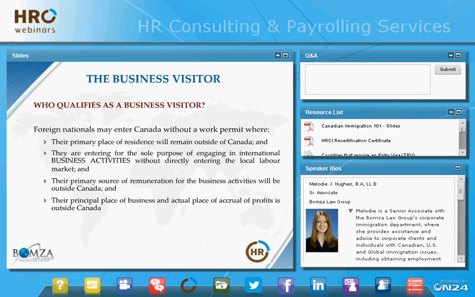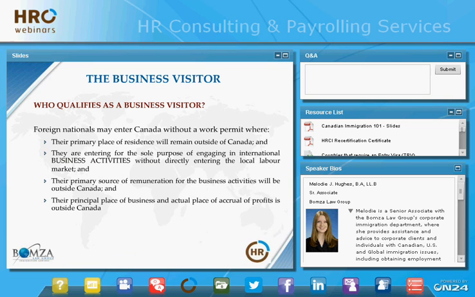3, the foreign national's primary source of remuneration will be outside of Canada. Even if someone is coming in for training or other business visitor activities, the moment they're placed on Canadian payroll, that's the moment that a work permit is triggered. And 4, the principal place of business and actual place of accrual of profits, so the company that they work for, continues to be outside of the country.